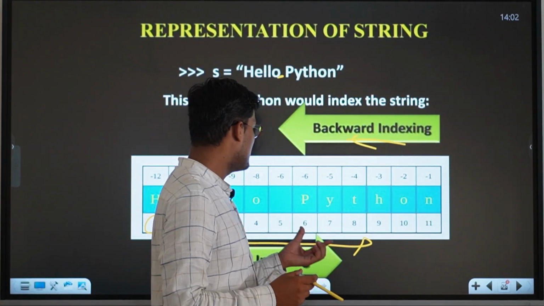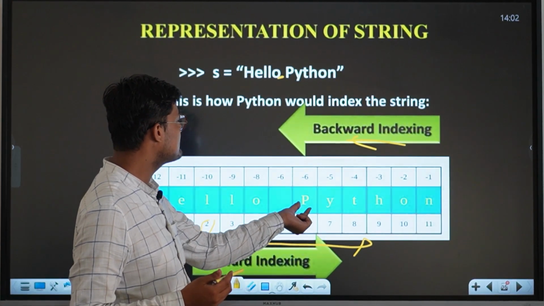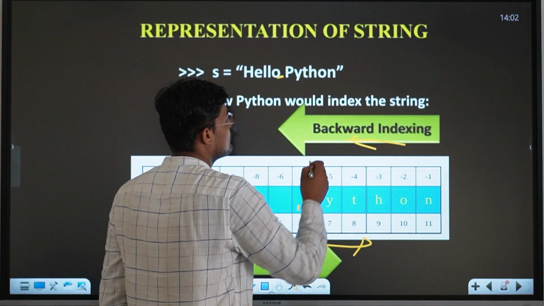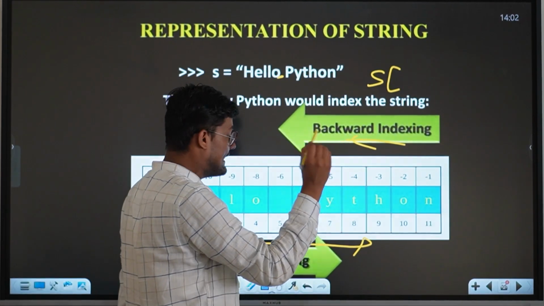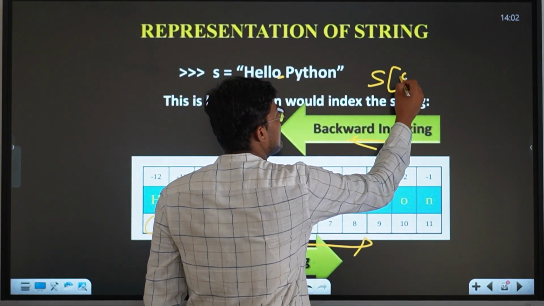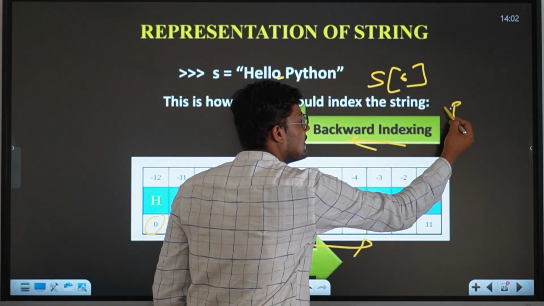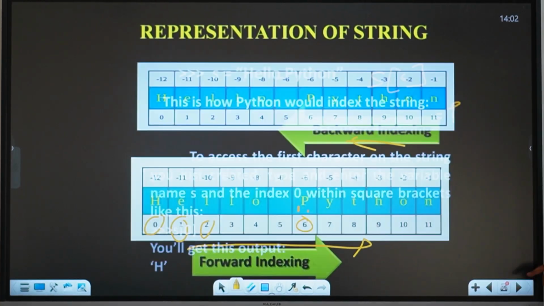Suppose we want to extract this P. The index number of P is 6. So, we can write S and in square brackets give its index number, which is 6. S[6] will give us the value, which is nothing but P.